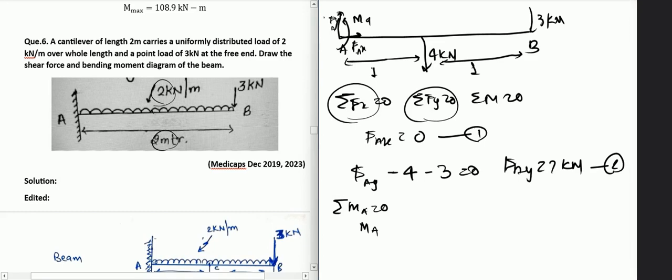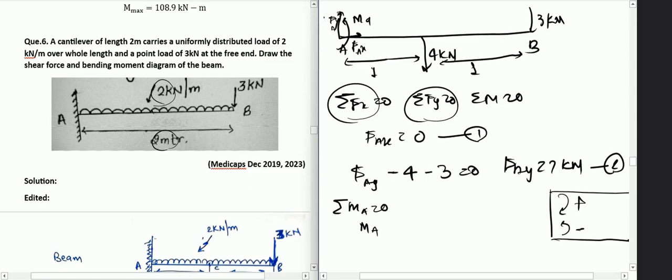Let us consider clockwise as positive and anti-clockwise as negative. So there are 2 clockwise moments. 4 into 1 is one of them for the UDL. So let us say plus 4 into 1 plus also 3 into 2. The moment is force into perpendicular distance, which is 2 here, and the force is 3 kilonewton. So that is why the moment is 3 into 2, and because of the UDL, the moment is 4 into 1.